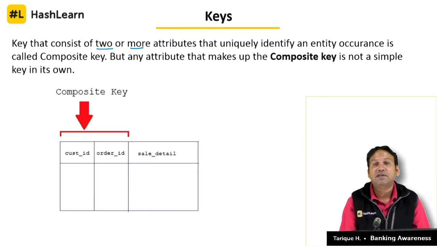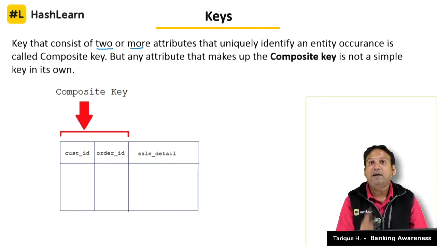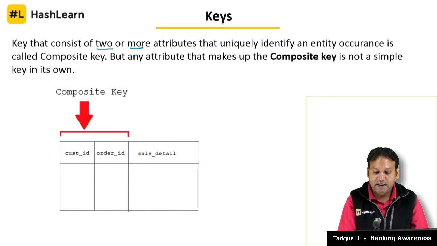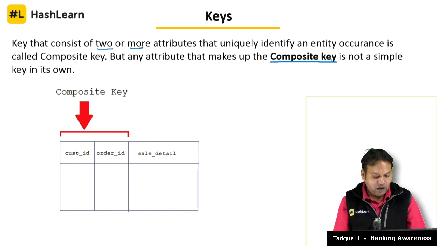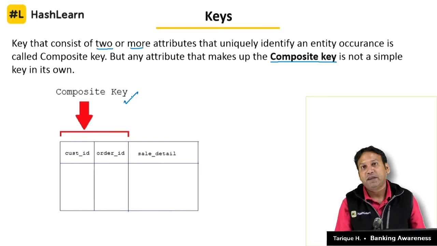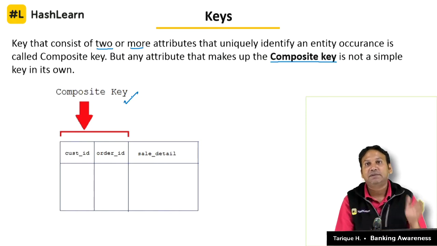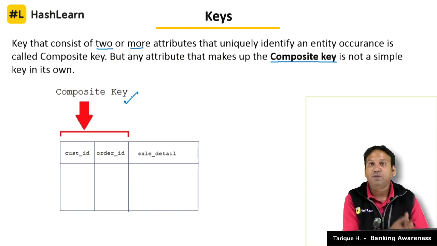Next is a key that consists of two or more attributes. Sometimes one attribute is not sufficient, right? So we say that two or more attributes are required, then that key is called a composite key. For example, the best to understand is customer ID and order ID. When you go to purchase something online, there is an order ID for that product, and the order ID must be matched with the customer ID for that product to be delivered to you.